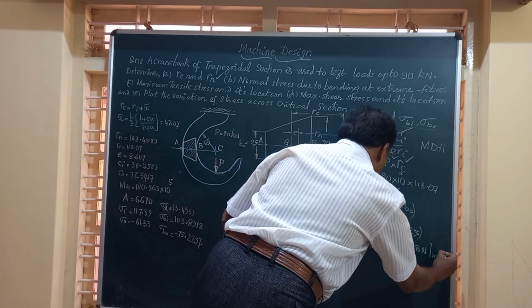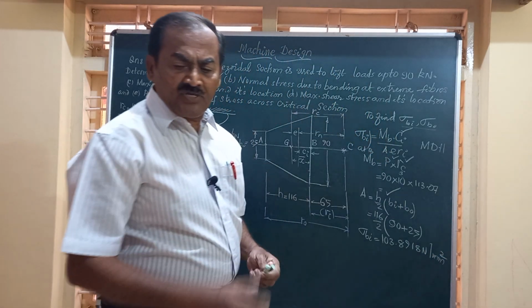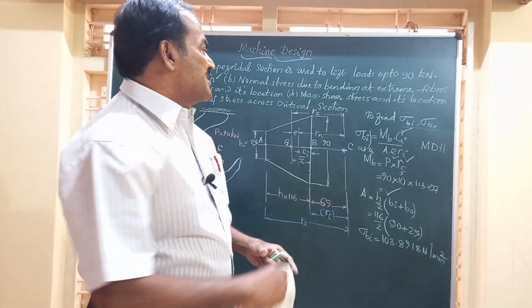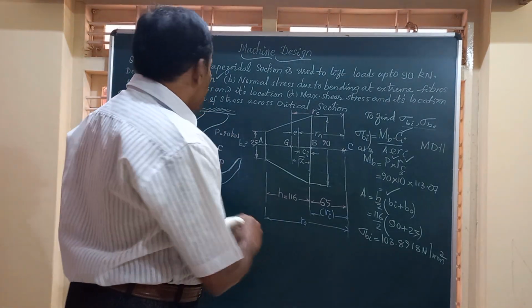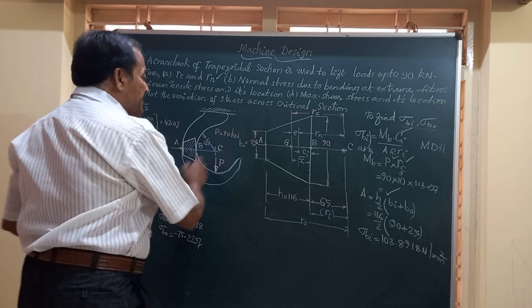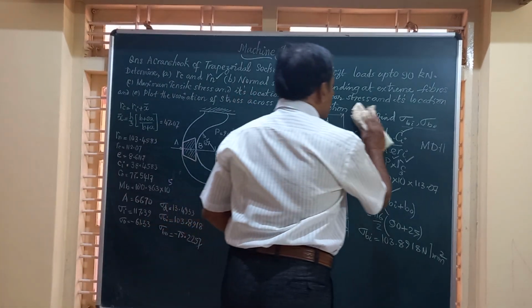This is the value of the normal stress due to bending at the inner fiber B of the critical section AB.